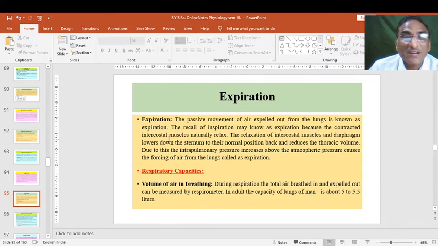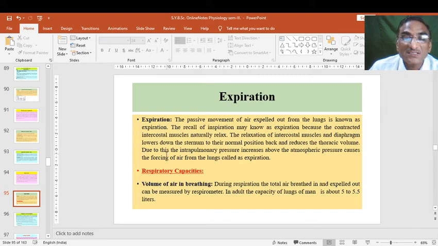Because the contracted intercostal muscles naturally relax, the relaxation of the intercostal muscles and diaphragm lowers the sternum to its normal position and reduces the thoracic volume.